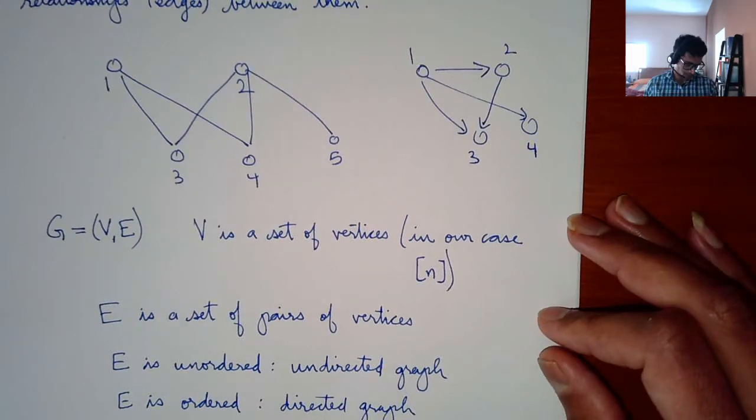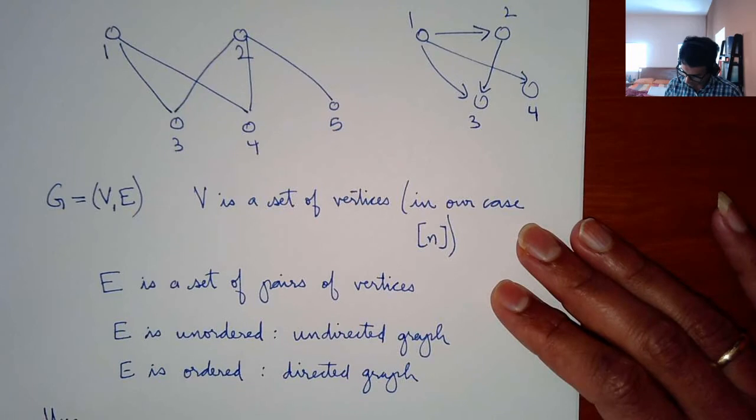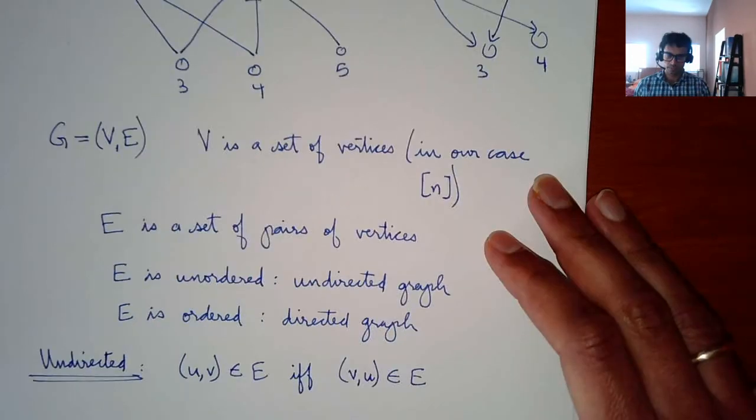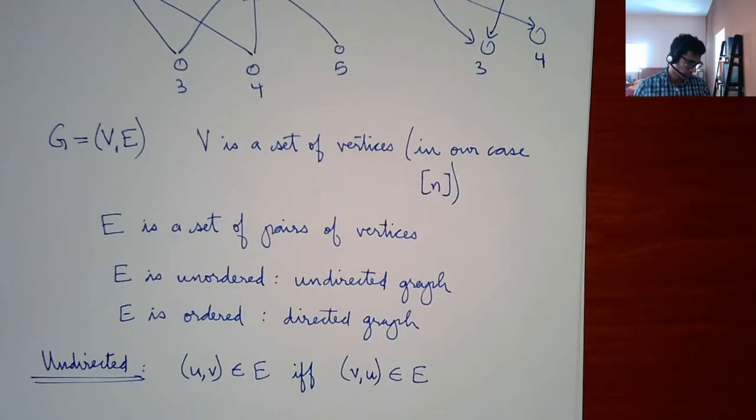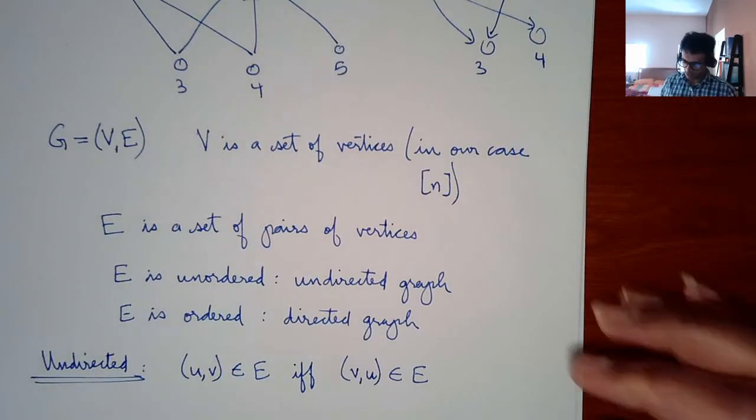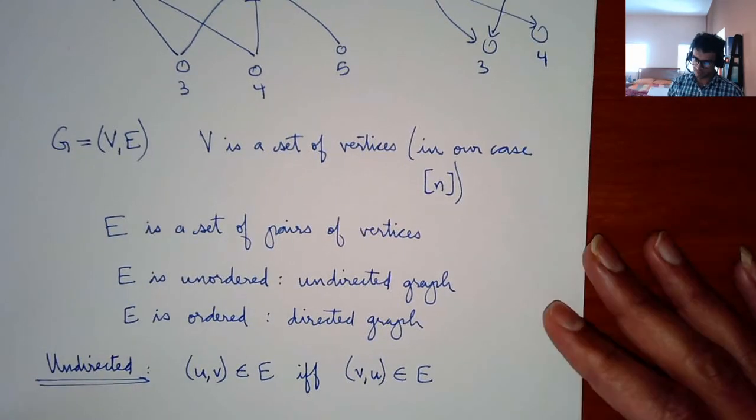All right, so undirected. Another way to think of this is just saying that the edge UV is in E if and only if VU is in E. Okay, that's what an undirected graph is.